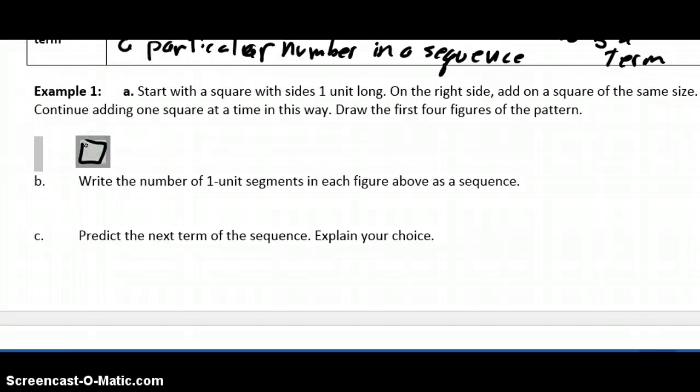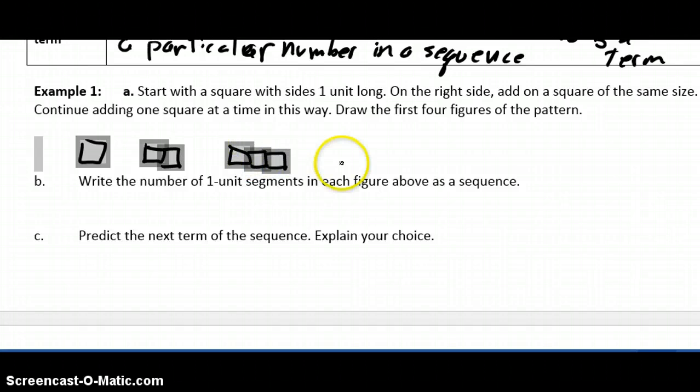There's our square. Now we're going to add another square onto the side of it, so our next square might look something like that. And the following square would look something like that. And we'll go one more.